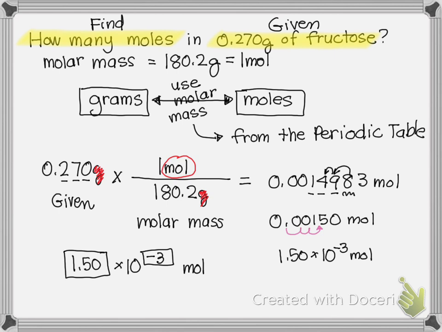So a couple things to keep in mind. One is going from grams to moles or moles to grams, you always use the molar mass. Sometimes it's not given, and you have to calculate it from the periodic table. To be specific, if you're given grams, like in this problem, and you're asked to calculate moles, then you will divide by the molar mass.